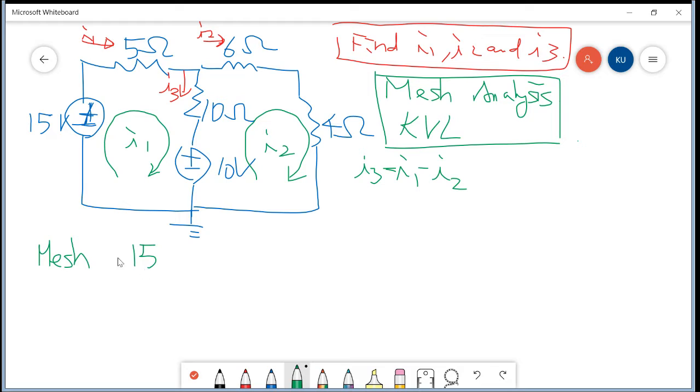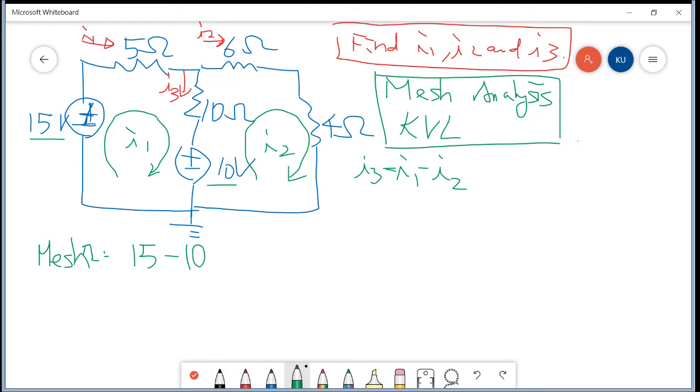So this 15 should be positive and going this way. This 10 volt, this is higher, this is lower, so this is opposite to the direction of this mesh. So we should have minus 10 for this one in mesh 1.